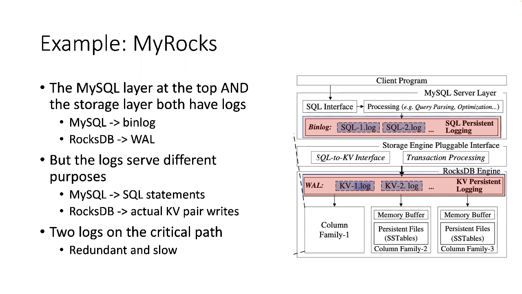And at the bottom, we have the RocksDB log, the WAL or write ahead log, that actually logs the key value writes in the data. We need these two logs to facilitate proper recovery. And two logs on the critical path for writes is just redundant and slow, as the paper claims.